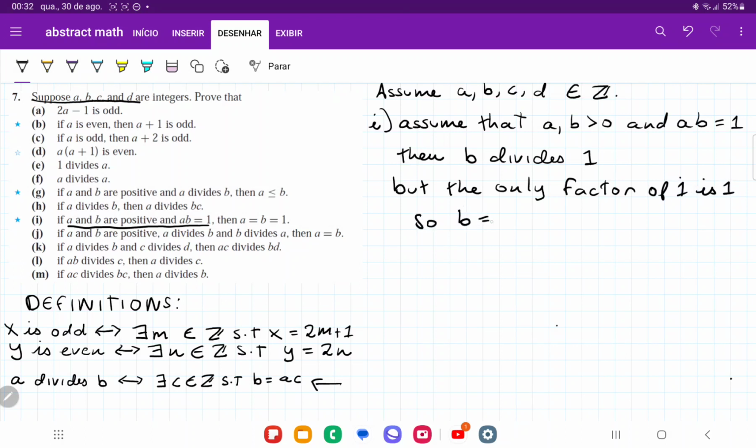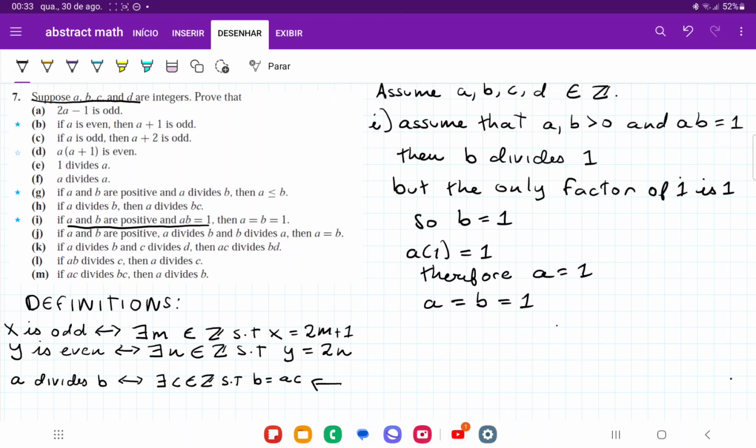So B is equal to 1. And so if B is equal to 1, we have that A times 1 is equal to 1, right? Therefore, A is equal to 1. And so we have our conclusion that A is equal to B is equal to 1. So we have proved what we wanted to. So that is it for item I.